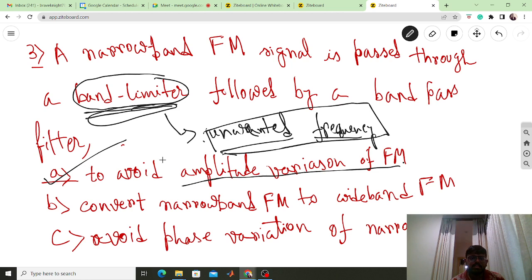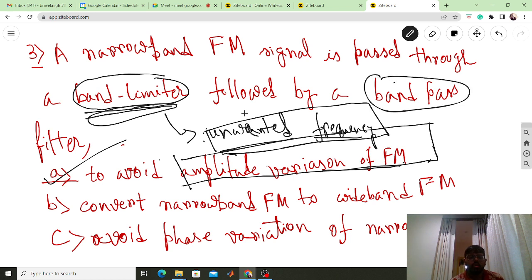So that's the reason this amplitude variation of the FM signal may be reduced by using a band limiter, after it passed through a bandpass filter. All the unwanted frequencies will not come in this range if we use a band limiter.